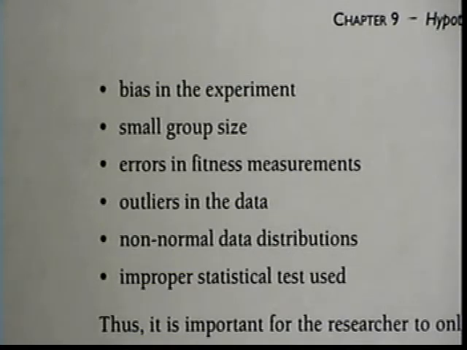It could have been a non-normal data distribution, or it could be that we actually used the wrong statistical test. It could be that we used an independent test to see if there's a difference between two independent groups, when actually we could have used a test to see if there's a difference between two paired measurements.